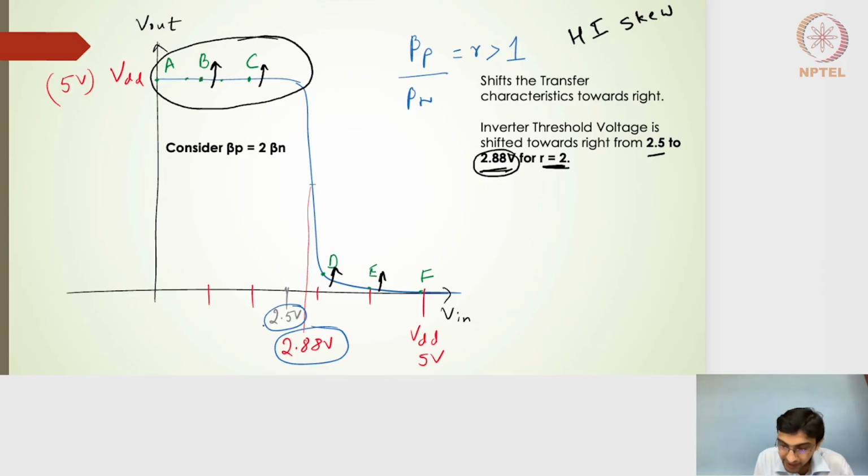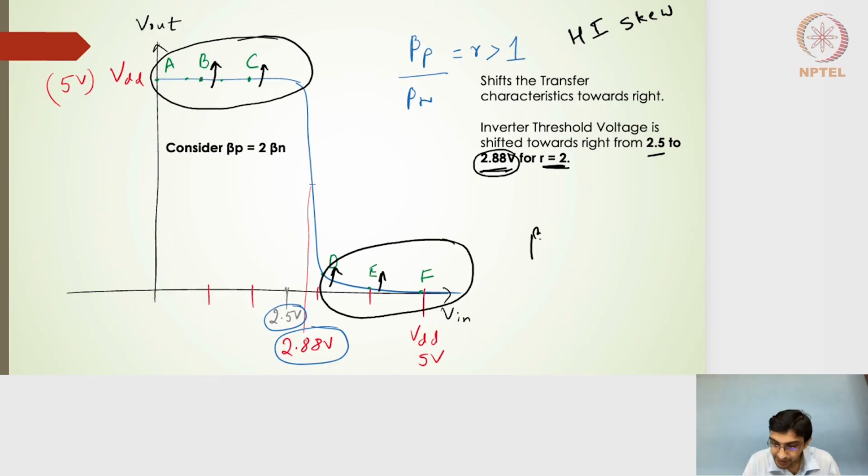So there are more regions in this transfer characteristic of output versus input where, for a higher input voltage, the output stays at 5 volts or closer to 5 volts. And for fewer input points, it stays at 0 volts or closer to 0 volts.